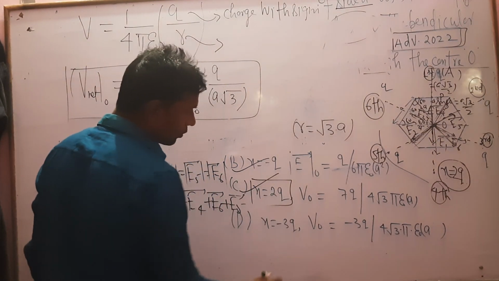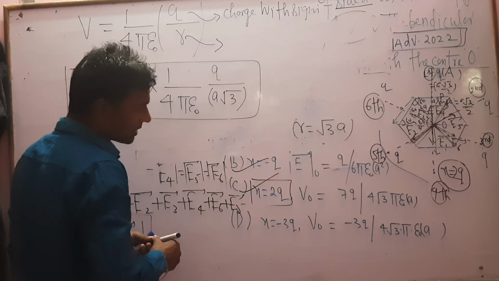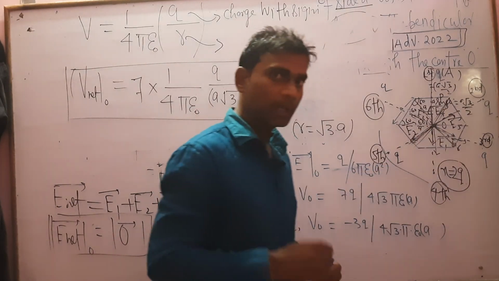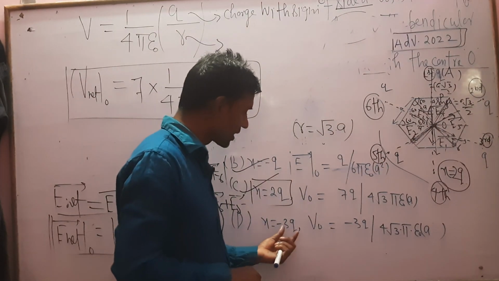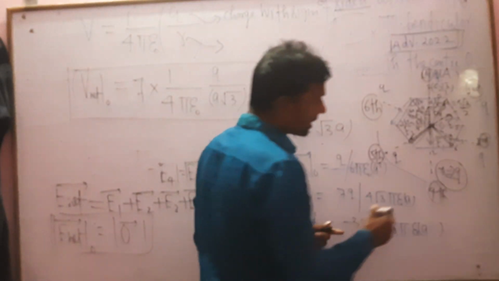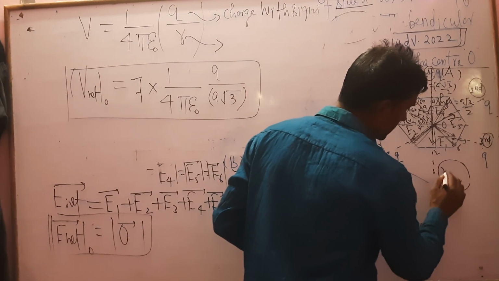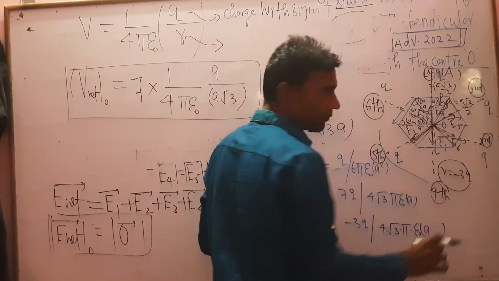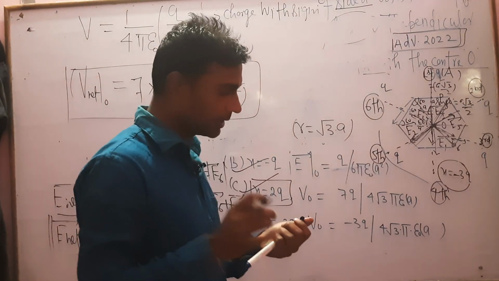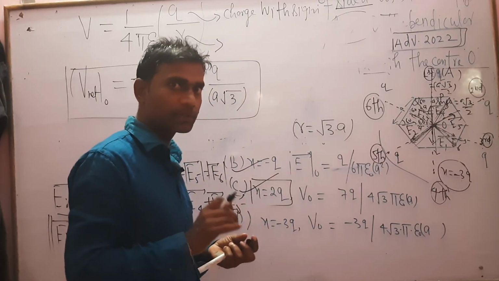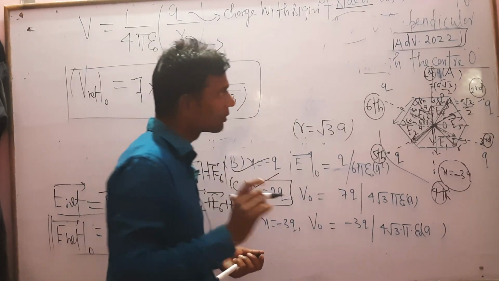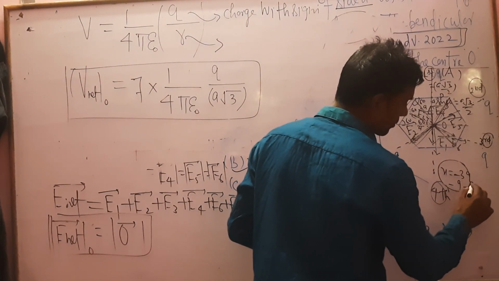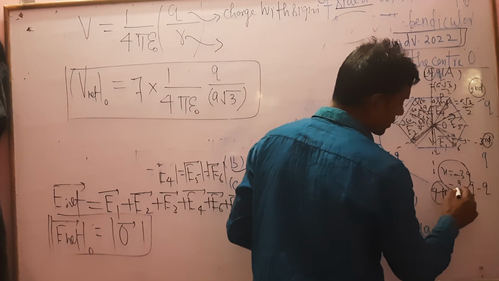Now if x equals minus 3q, what is the net potential at point O? We know that if q is positive, the potential is positive, and if q is negative, the potential is negative. So due to the minus 3q charge, it is like minus q, minus q, minus q.